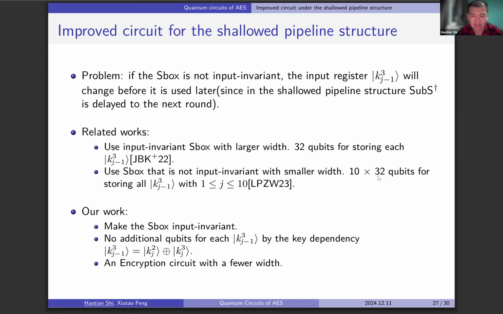They allocated 10 times 32 qubits for storing all Q3. In our work, we observed that the S-box can be made input invariant, and by the K dependency below, we claim that no additional qubits need to be allocated for storing the input register. As a result, we succeed to synthesize an encryption circuit with a fewer width.